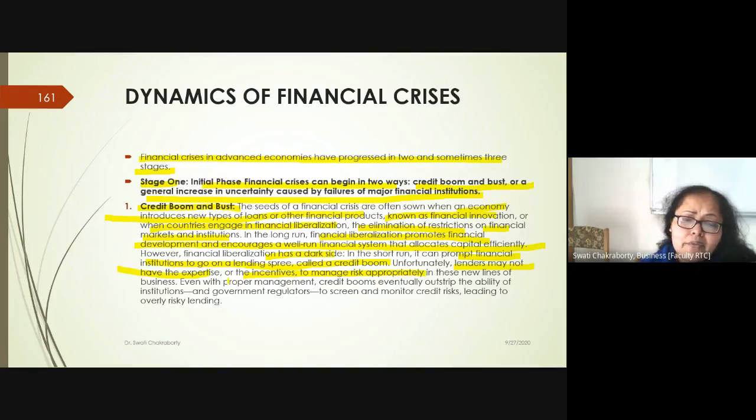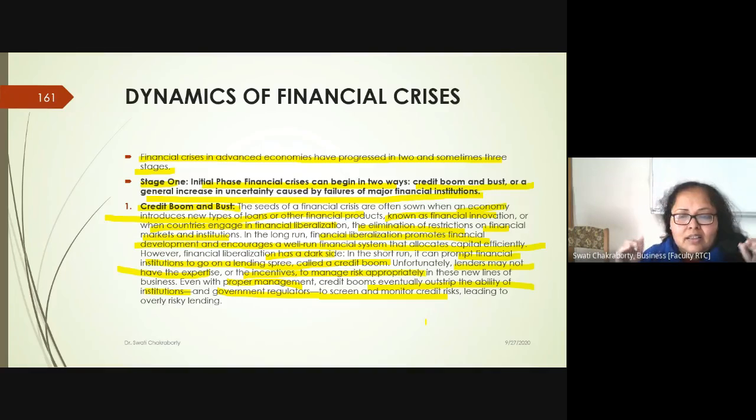But even with proper management, a credit boom at times goes beyond the ability of financial institutions and government regulators to screen and monitor credit risk. The government regulators monitor to see what the credit risk will be.